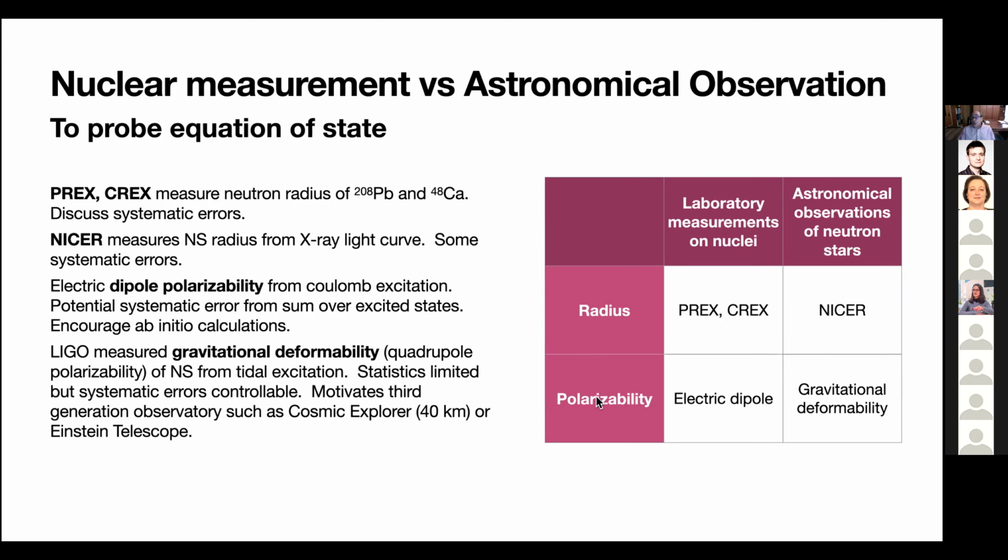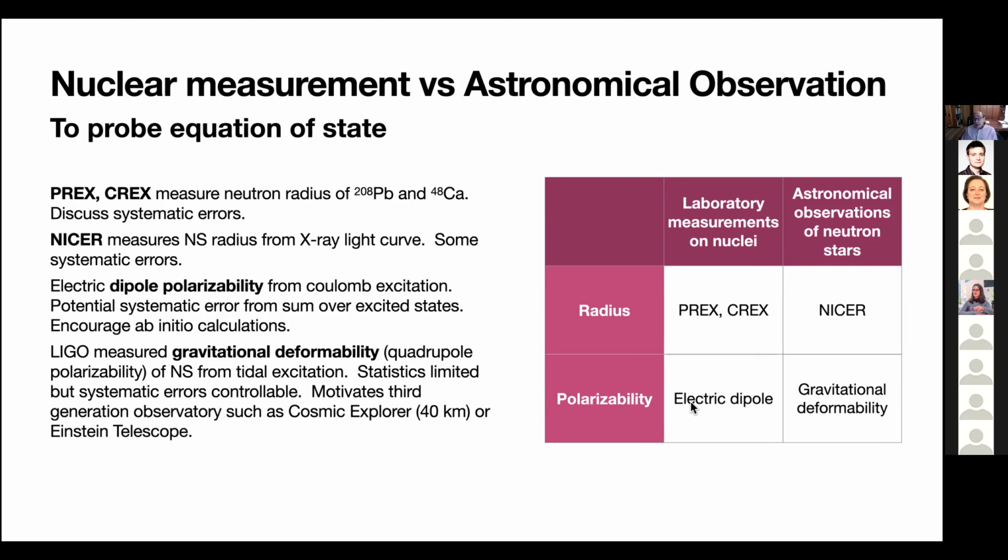One can also make polarizability measurements. If you scatter one nucleus off another at large distances, the Coulomb field can Coulomb excite one of the nuclei, and one can infer the electric dipole polarizability from Coulomb excitation measurements.